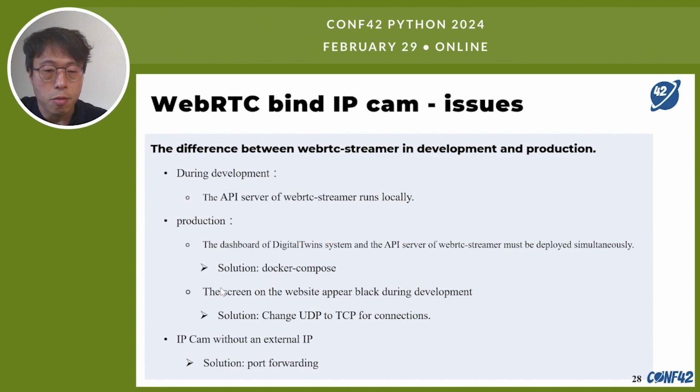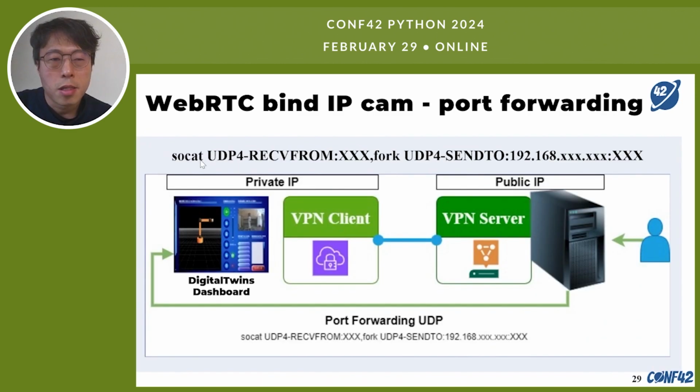In the next stage, we needed to publish our IP address, because our IP camera has no external IP. So finally, we chose port forwarding to solve this problem. You can see we use the command socat in Linux, through UDP.